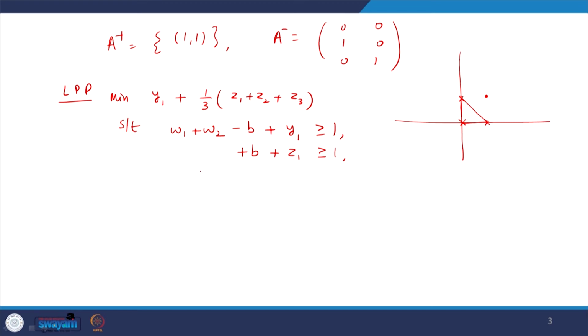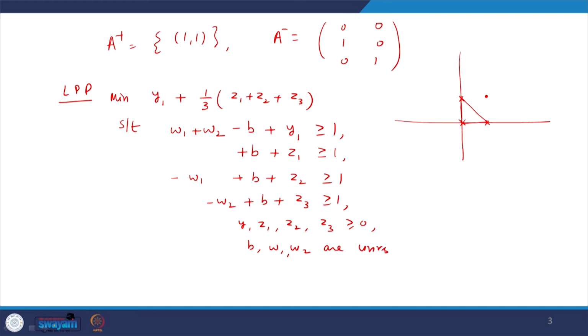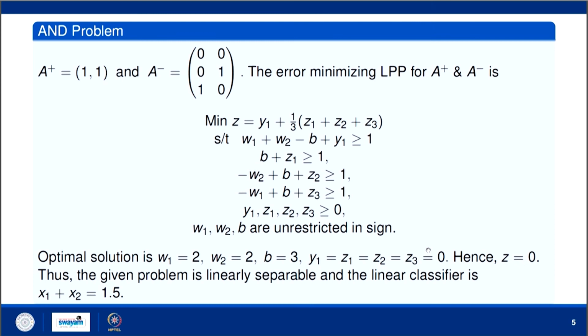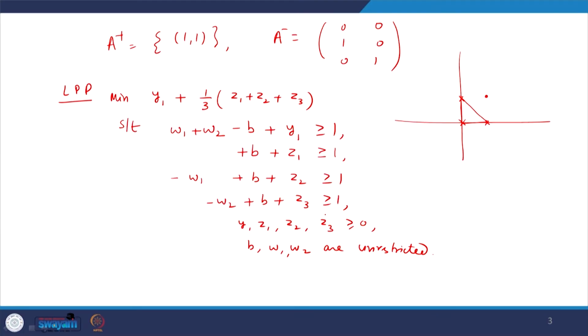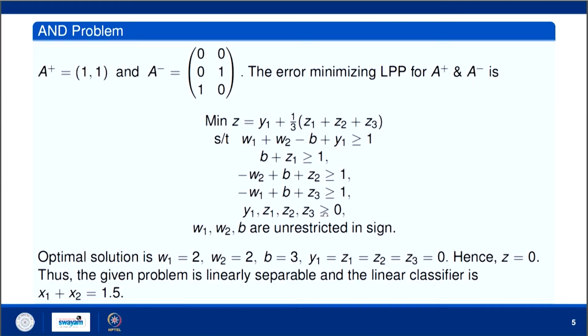Next, the third point is minus W1 plus B plus z2 greater than or equal to 1, and minus W2 plus B plus z3 greater than or equal to 1, and y1, z1, z2, z3 are greater than or equal to 0, and B, W1, W2 are unrestricted. So, this is the error minimizing LPP which we have formulated here.